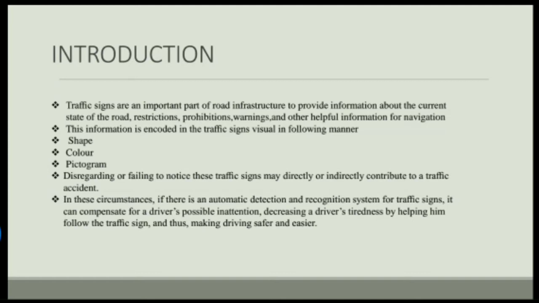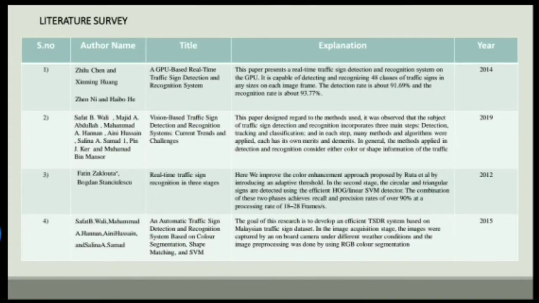So let's move into some paper discussions. After a literature survey of around 8 to 10 papers, I can conclude that these 4 papers build a basic platform for today's discussion. The first is a GPU-based real-time traffic sign detection and recognition system.